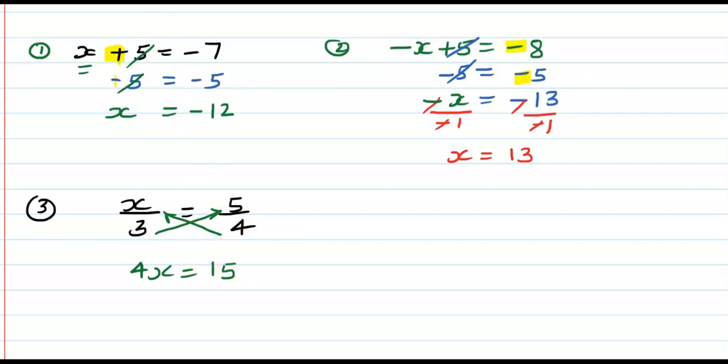Again we want x, who's troubling here? 4, so let's get rid of 4. 4 times x, so you can divide by 4 here, divide by 4, cancel, so we get x is 15 over 4. If you want, you can write the answer as a mixed fraction. How many 4s can go in 15? The answer is 3, because 4 times 3 is 12 and plus 2, 12, 13, 14, 15. So 3 and 3 over 4. You can write it as a fraction.